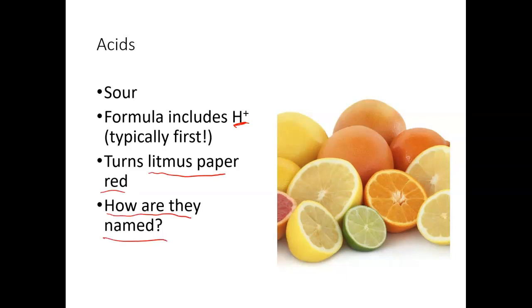And make sure and review back in your nomenclature on how acids are named. How do we name them based on the ion that they are with? So how do we base their name on the anion that's with it? So remember, anion is our negative ion. So we have some sort of negative ion with H+.